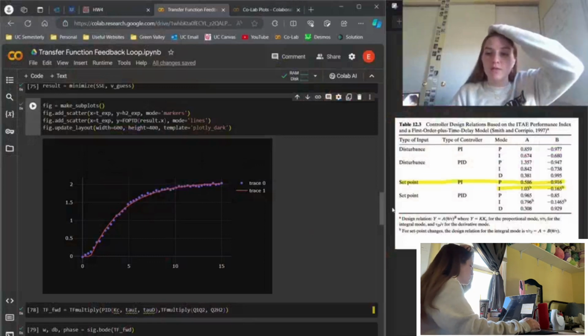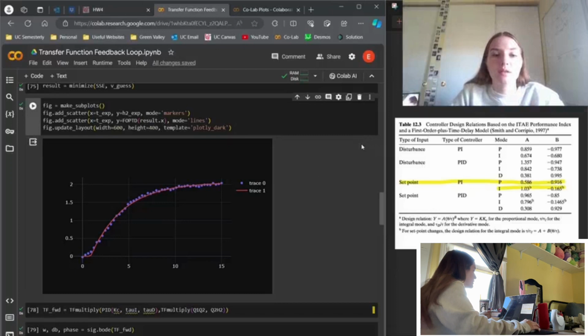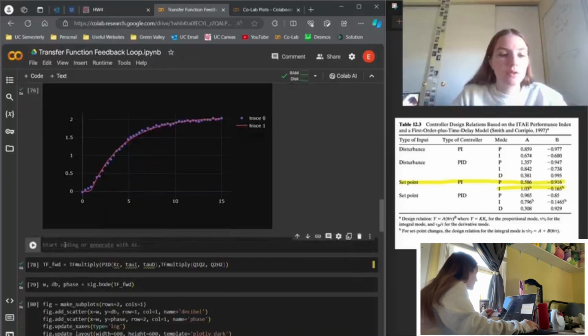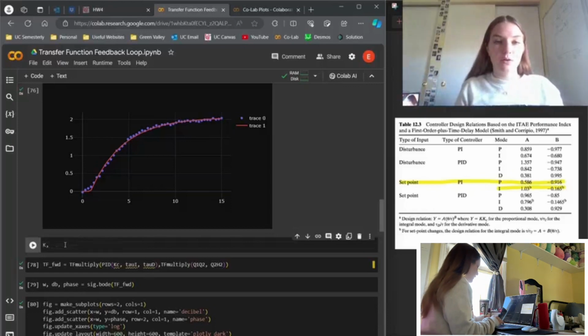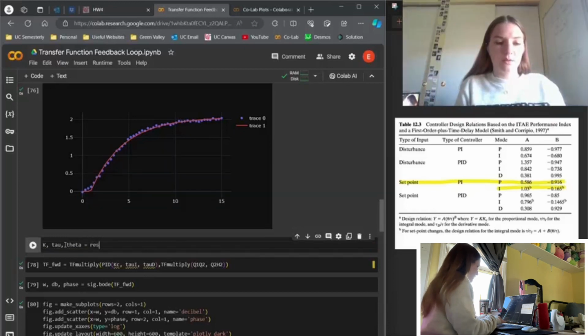Okay, so now we can find the ITAE controller gain and the reset time for a PI controller. So to start, we are going to unpack our result.x into our values for each of our variables. So our k, our tau, and our theta. Since it gave us those exact values, we might as well use them.